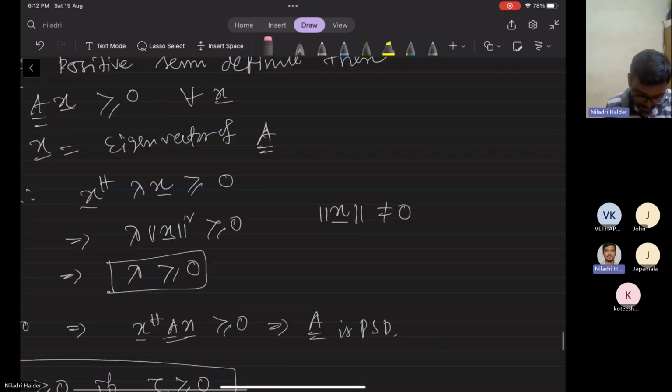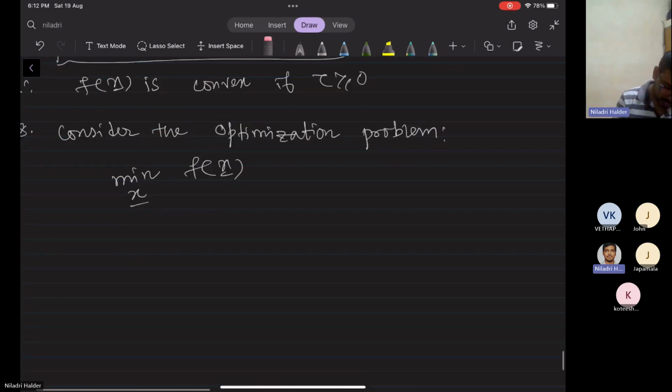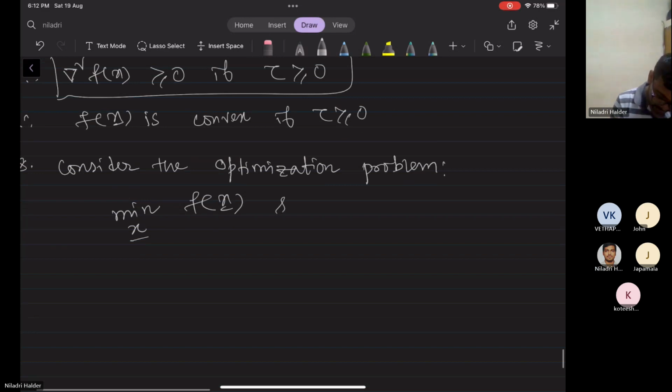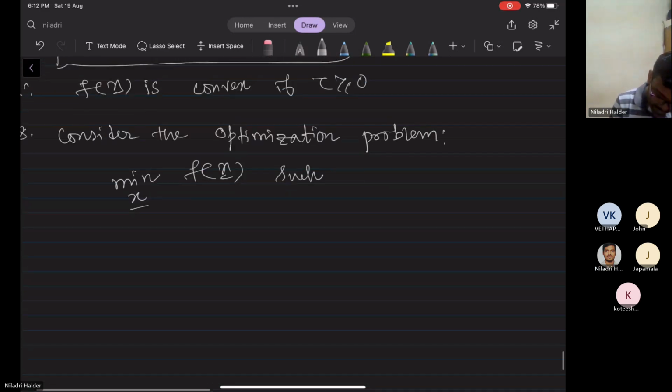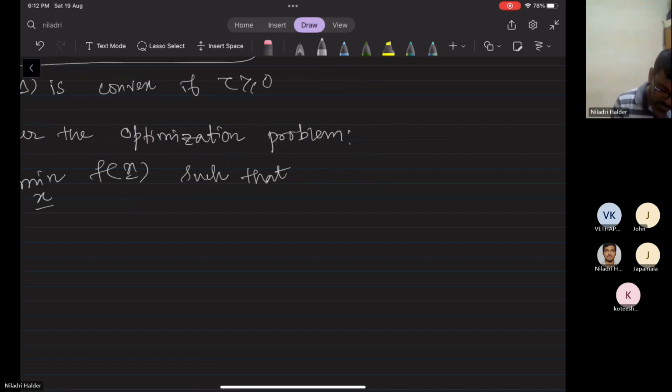So we need to minimize f(x). So what should be the constraint set? The set should be x1 greater than or equal to 0, x2 greater than or equal to 0, and x1 plus x2 is 1.